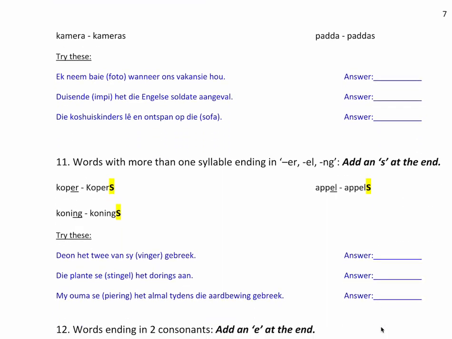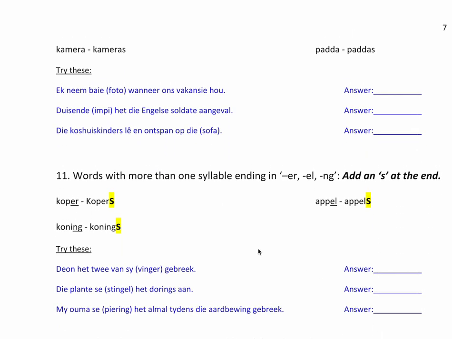Good. Number 11 talks about words with more than one syllable that end in an ER, an EL, or an NG. And then you will just add an S. So let's have a look. Koper becomes kopers. Koning will become konings. Appel will become appels. And you'll see here are some extra ones too. Vingers, stingels, and pierings.